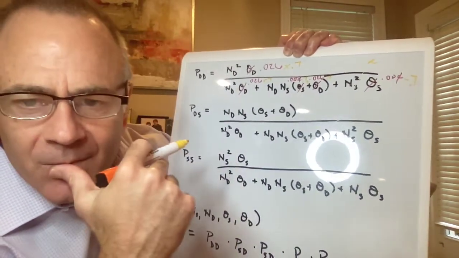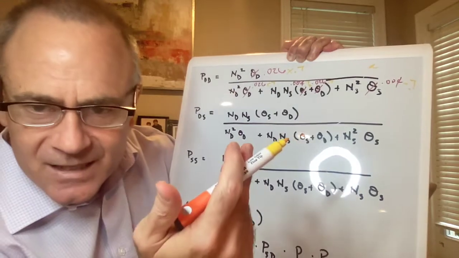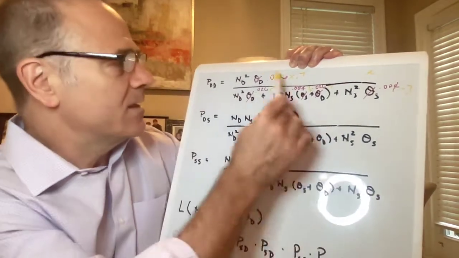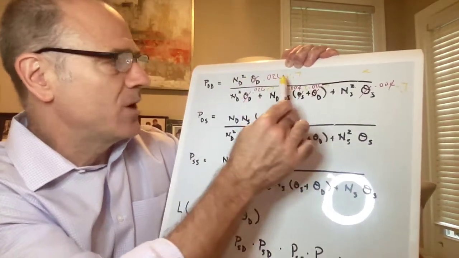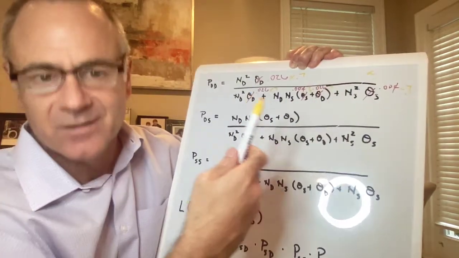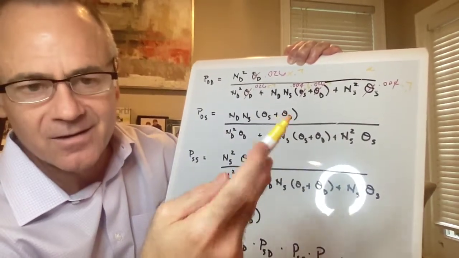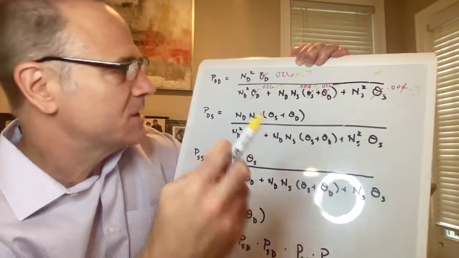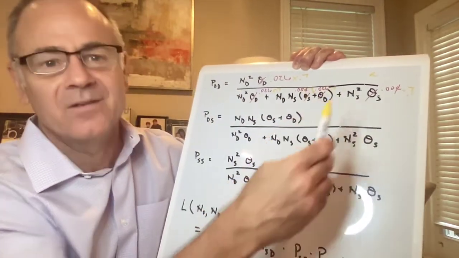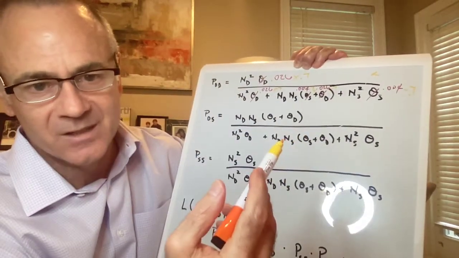Okay, now, if you stare at this, you'll notice that every term in the numerator is multiplied by 0.7. Every term in the denominator is also multiplied by 0.7.